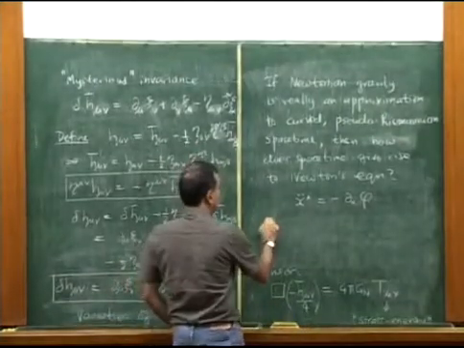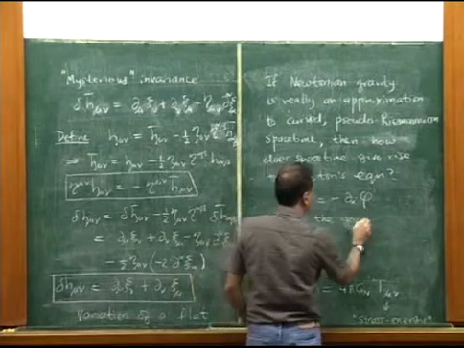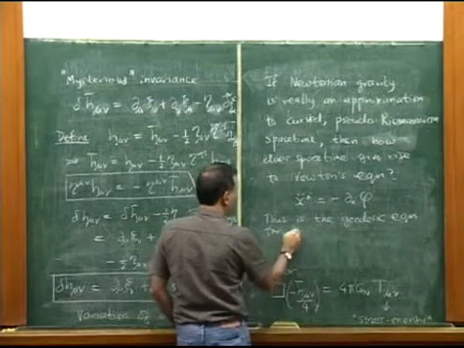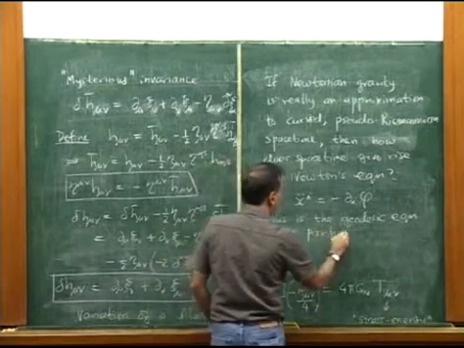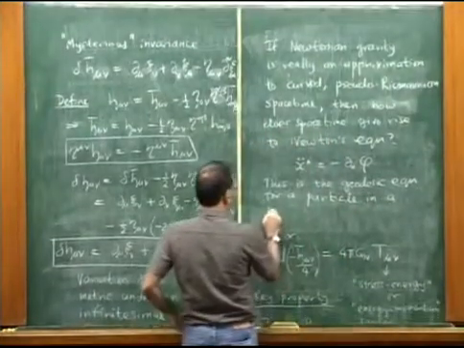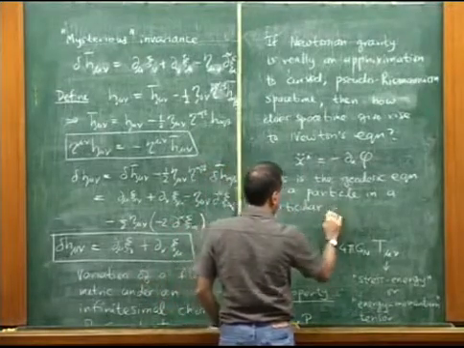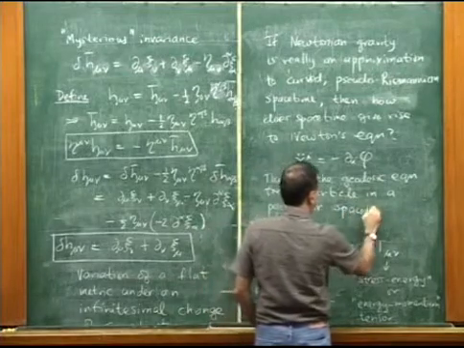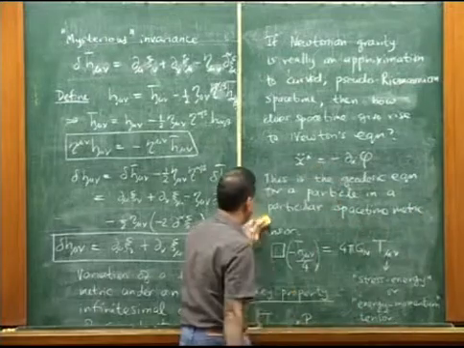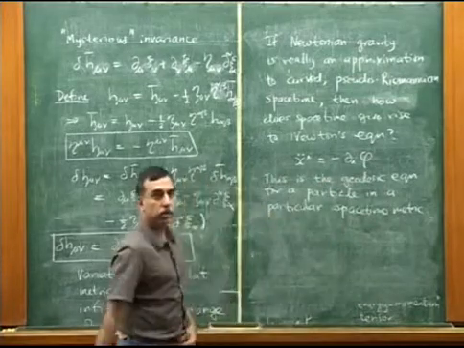The answer is, this is the geodesic equation for a particle in a particular space-time. But with some approximation. The approximation will basically be that the field is weak and we will neglect some higher order terms.